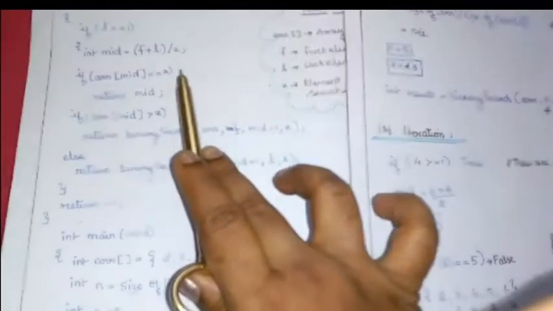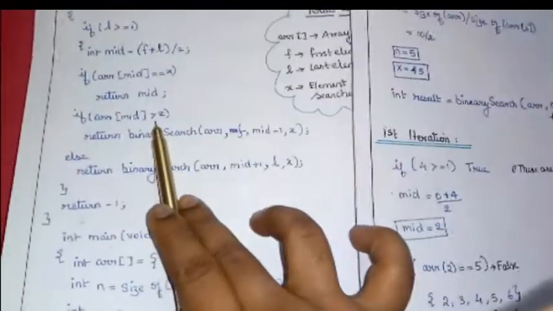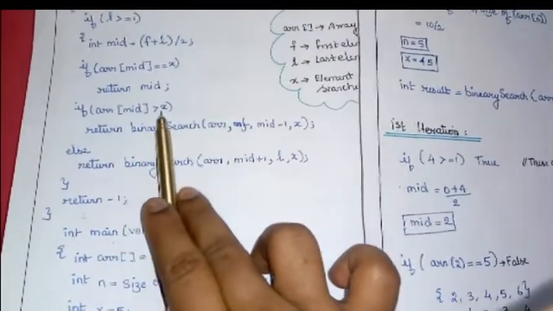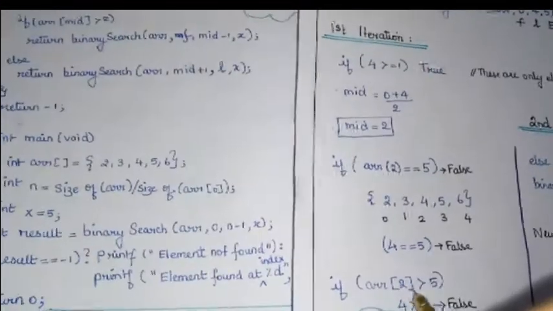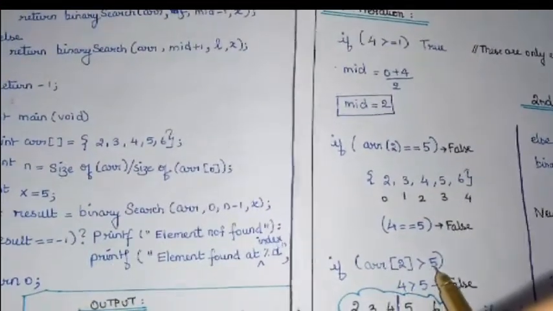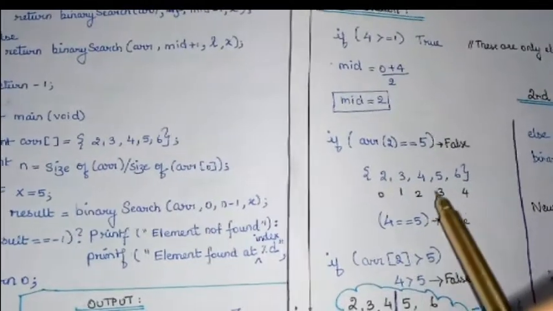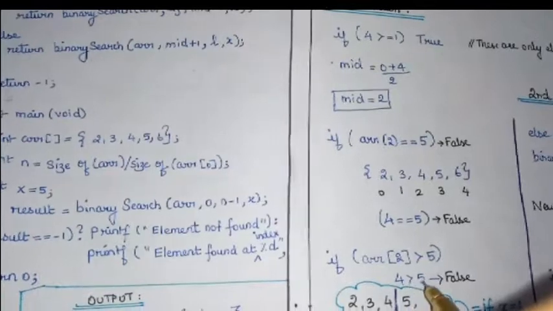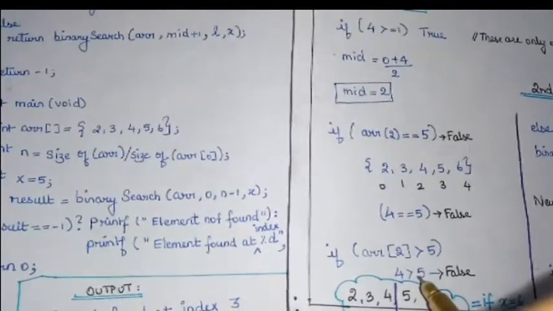So if this is false, it has to go to the second if statement. If array of 2 is greater than x, I'm just seeing whether my array of 2 is greater than 5. What is array of 2? Array of 2 is 4. 4 is greater than 5? False.